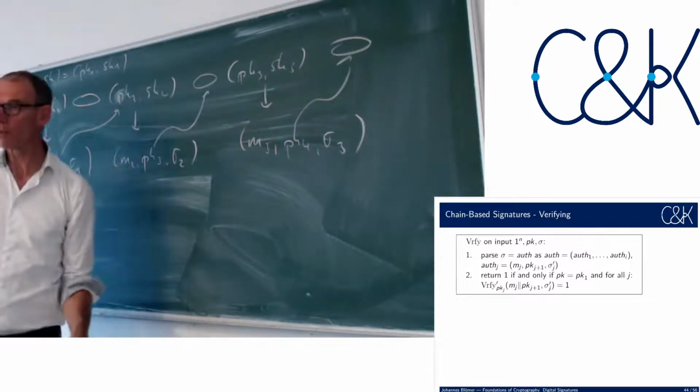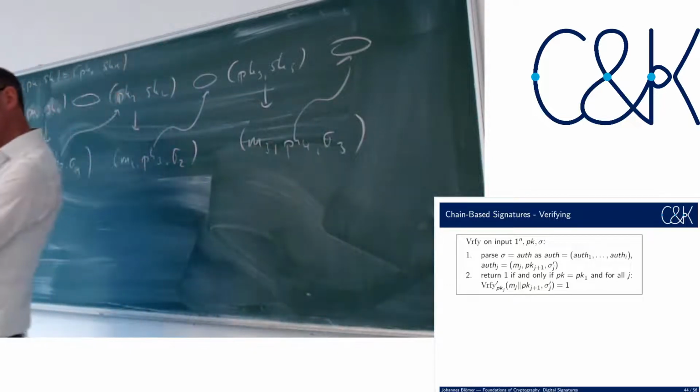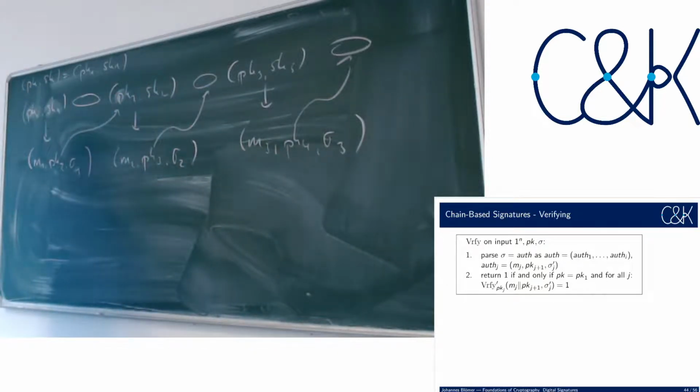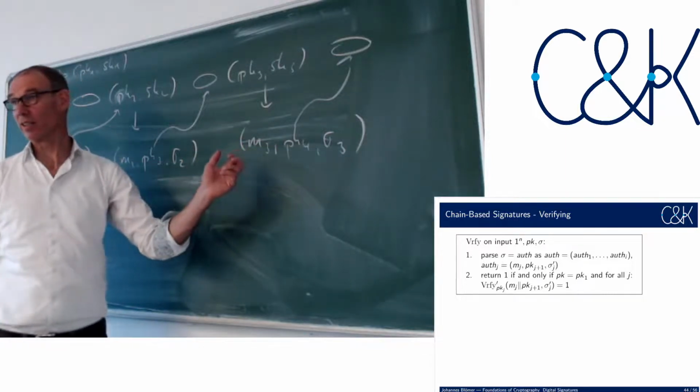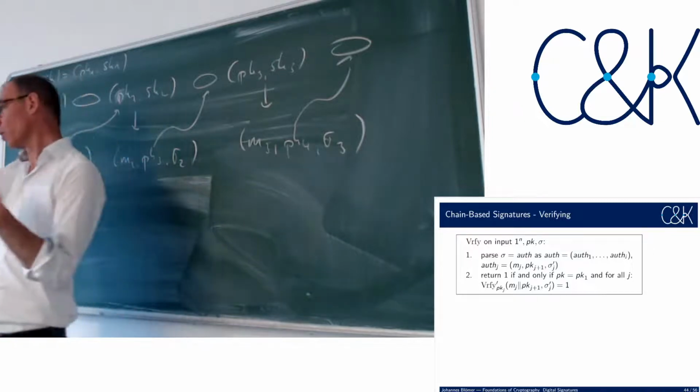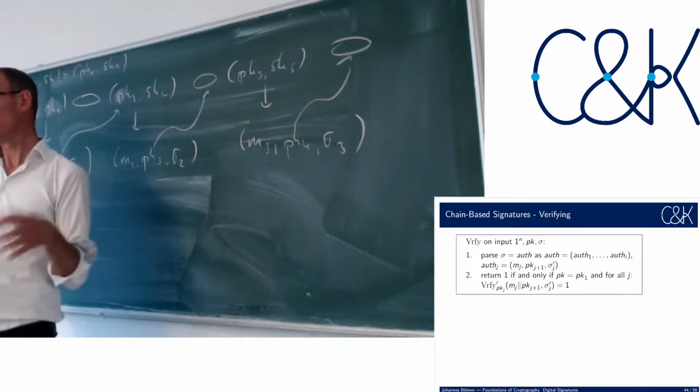But eventually, using this chain, the sequence of things, you go back to this root. So if you want to forge, you have to forge something in between. You would have to forge one of these signatures here. You want to sneak in a new public key that was not certified.